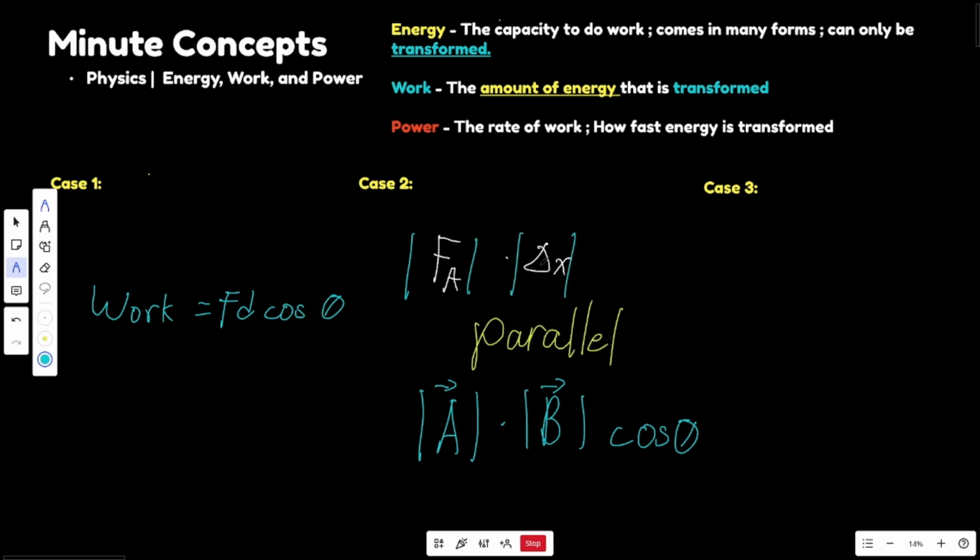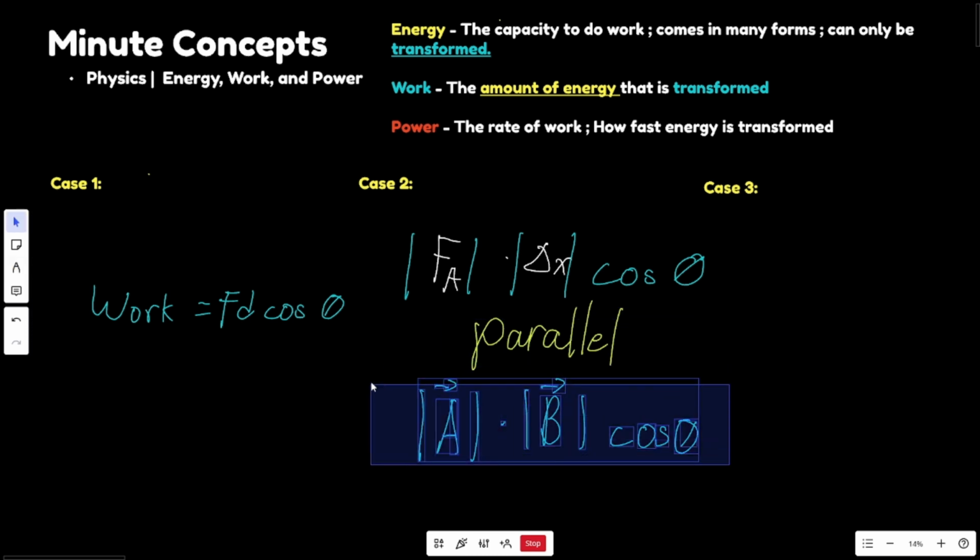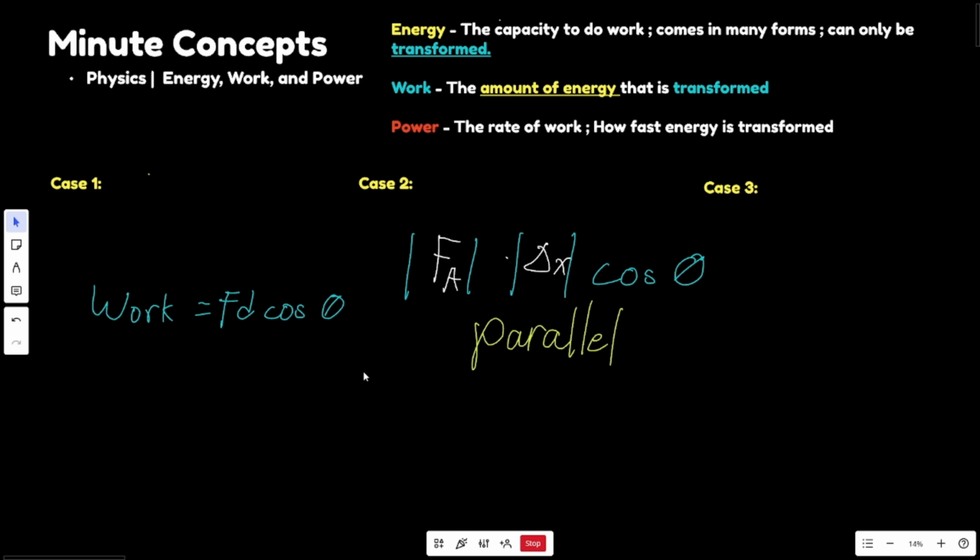Now we have the magnitudes of those two vectors, and we're just going to see if they're going in the same direction, and we're going to use cosine theta. And that's basically how we got this formula here. So now we can say that work is the dot product of force and displacement. And we will get to that later.